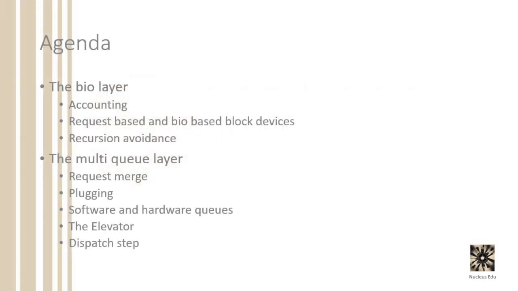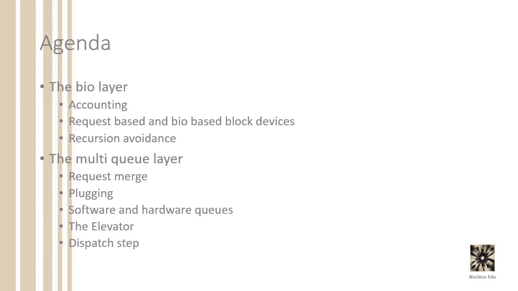So this is the agenda for the session video. The first one, which is this, we'll be discussing the bio layer. We'll start with a little bit of accounting that the bio layer does for which parameters. Then we're going to move on to the different types of block devices, request based and bio based, and the code path the bio takes for each of them.